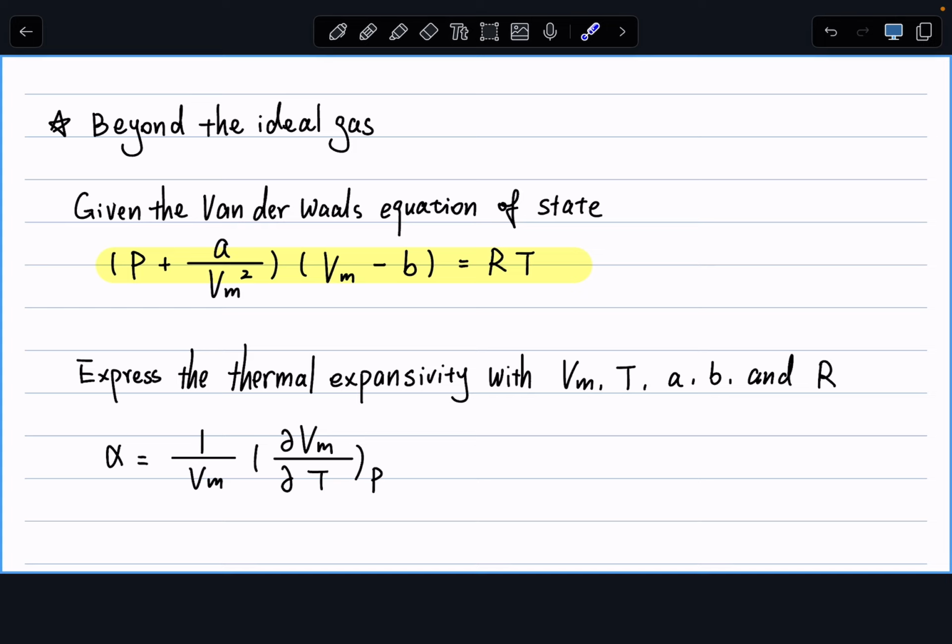All right, and then moving the terms to the right, we have an expression for dVm over dT at constant P. Moving everything to the right, that's negative R over (Vm minus B), and times, well, everything on the bottom: negative RT over (Vm minus B) squared plus 2A over Vm cubed.